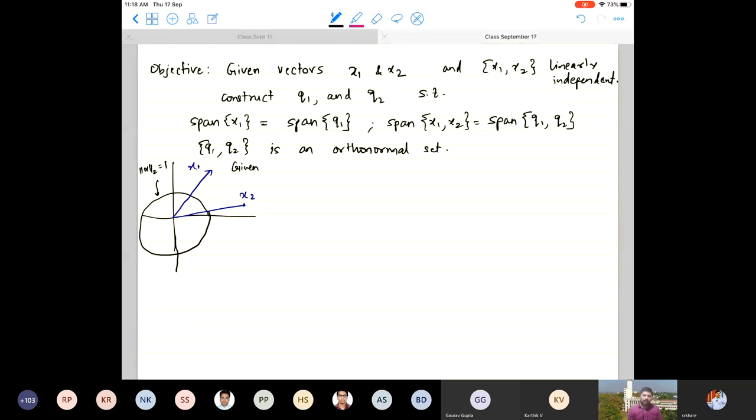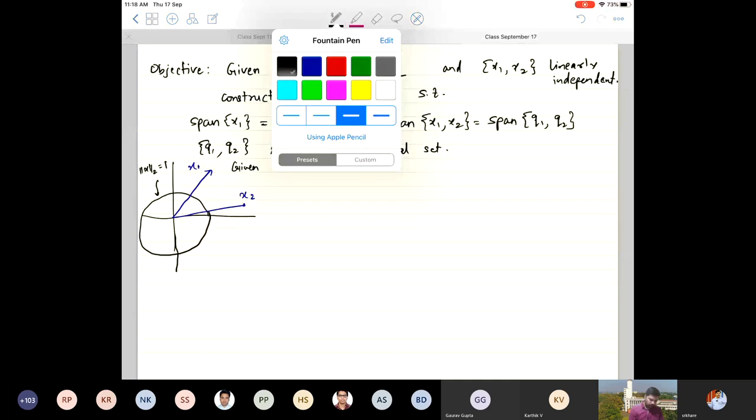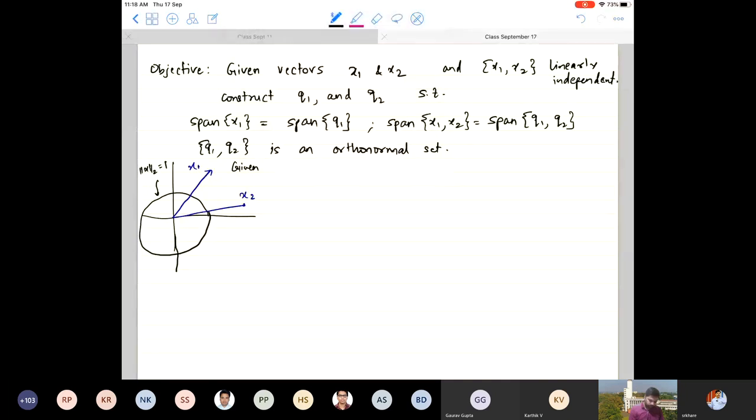In an orthonormal set, the necessity is that you should have all the vectors with norm 1. So in order to construct q1, what do we do? I look at this vector x1 and I find the unit vector.